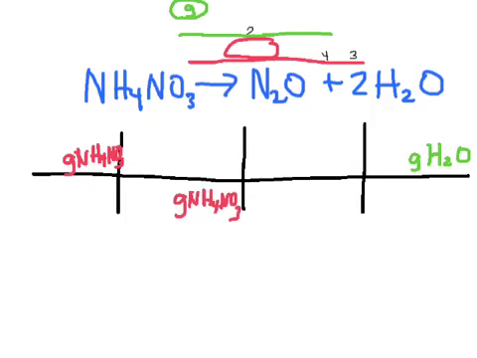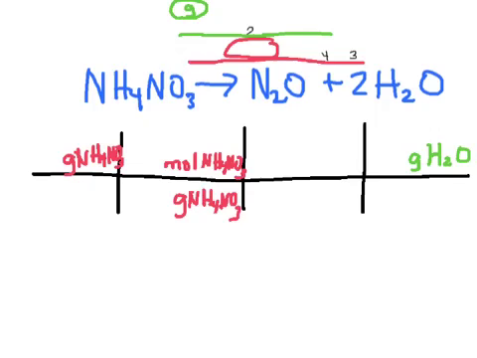NH4NO3 to moles of NH4NO3. It's got to be the same substance there. We can't go from grams of NH4NO3 to moles of H2O. That makes no sense. You can't compare the two. It's like apples to oranges.